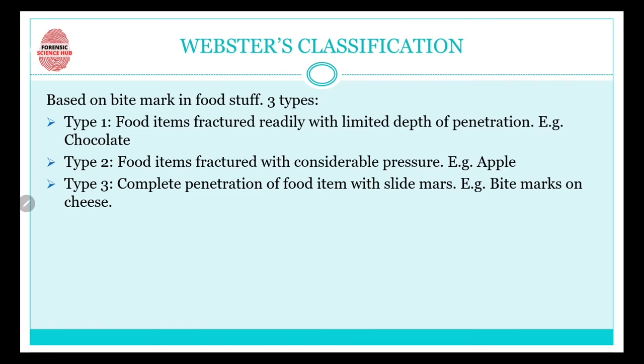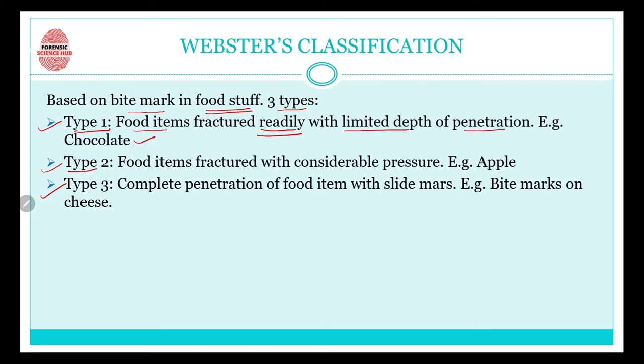Next comes Webster's classification. It is based on the bite mark on food stuff. So it can be of three types: type 1, type 2 and type 3. In type 1, what kinds of food are included? The food items that are fractured readily with limited depth of penetration, for example chocolate.